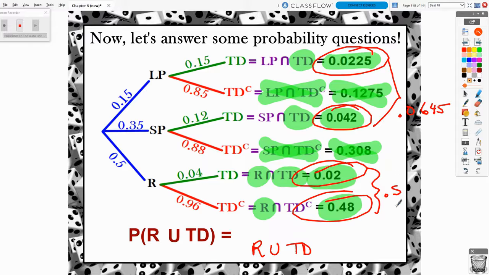And so add that to my 50%, and this ends up giving me 56.45%. I swear that's a 5, not a 6. All right, so there's the probability that I run the ball or I score a touchdown. And yes, that also includes the possibility of doing both of those things. But in cases of or in probability, that leaves open the possibility that both events could simultaneously occur.